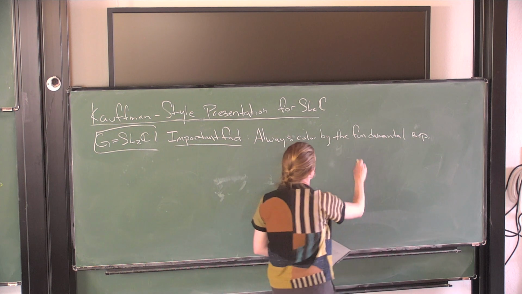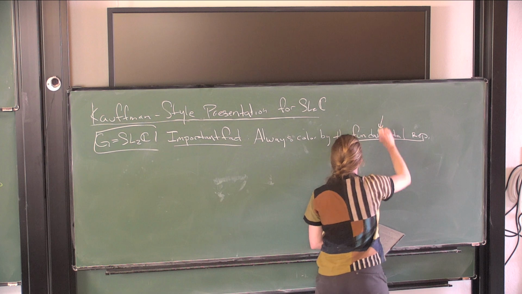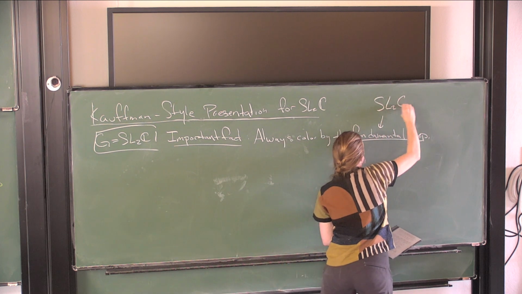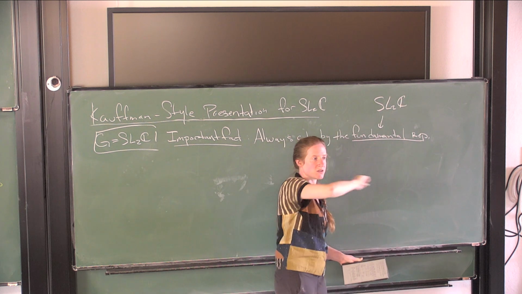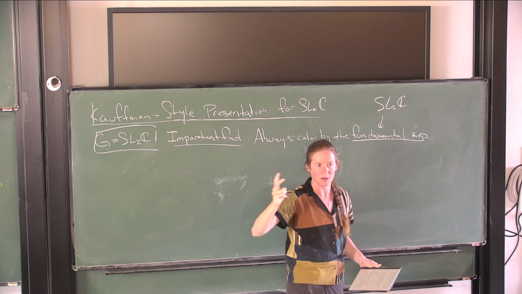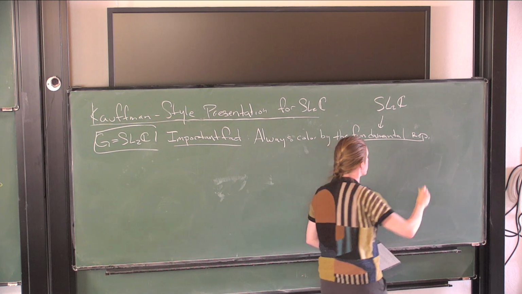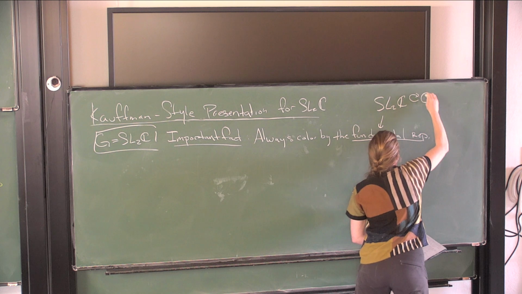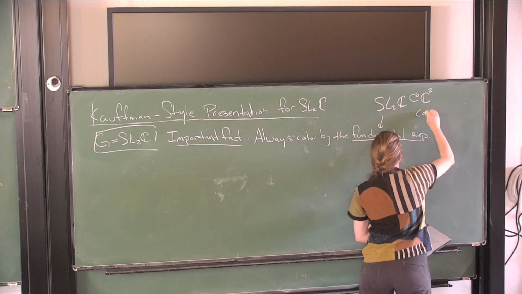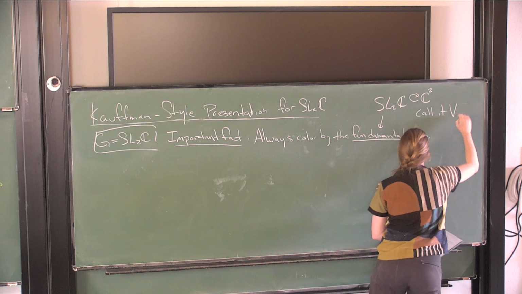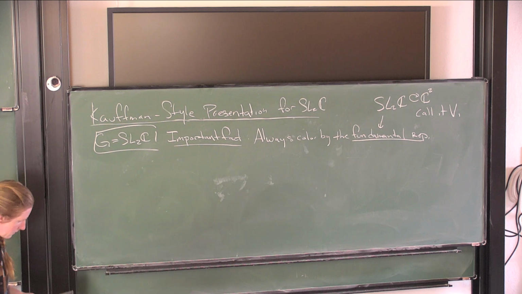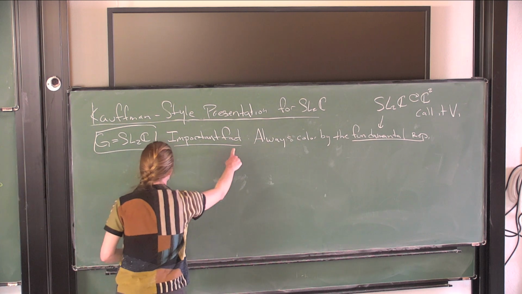If you haven't seen this term before, when we describe SL2C to each other, we just think of it as 2 by 2 matrices. So it's that two-dimensional vector space that it's acting on. It's acting on C squared, and I'll just call it V in this part of the discussion.